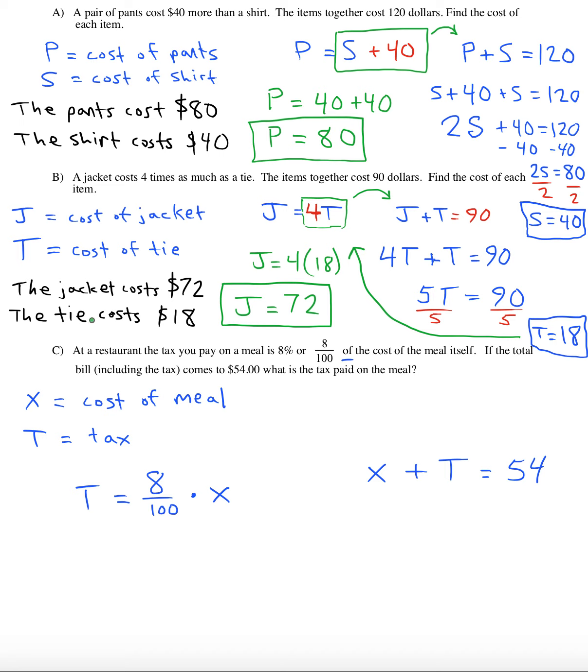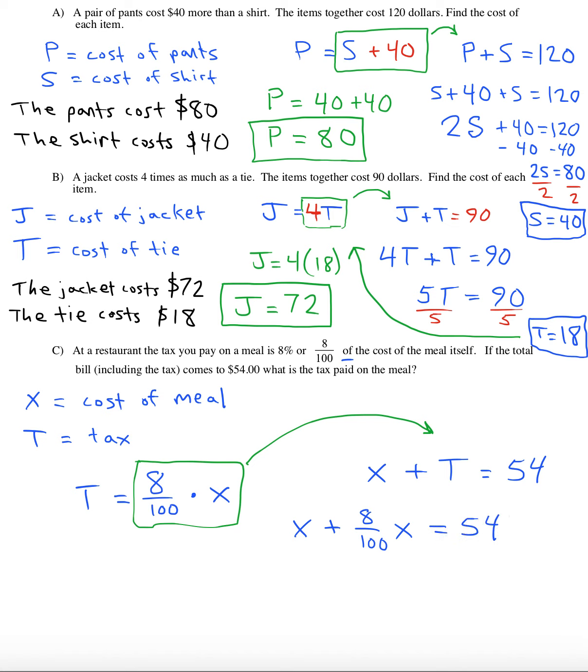Okay, so now what we need to do is take this part and substitute it in for the tax in the other equation. That'll give us x plus 8 over 100x equals 54.